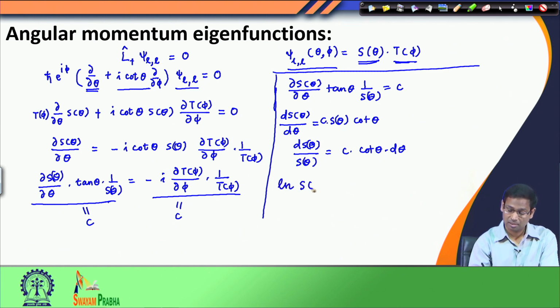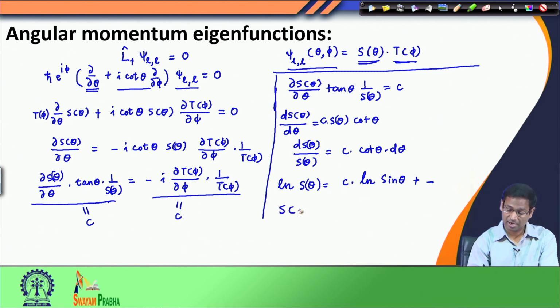When I do that, in the left hand side I have ln s of theta, and when I integrate c cot theta d theta, I would get ln sin theta multiplied by c, where c is the constant, plus of course, I will have some constant of integration.